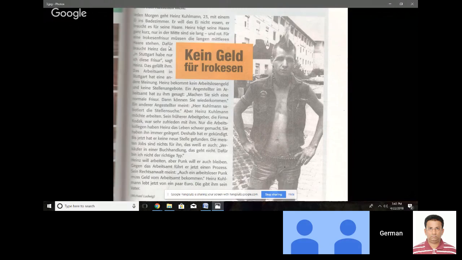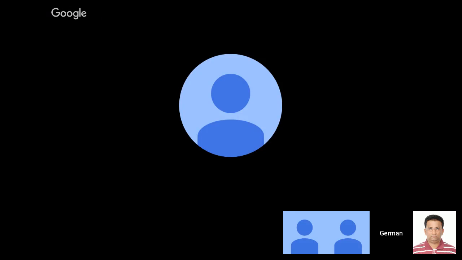Arvind, can you translate till "dafür"? Sure. Jeden Morgen geht Heinz mit einem Ei ins Badezimmer. Every morning, Heinz Kuhlmann, 23 years, walks with einem Ei.